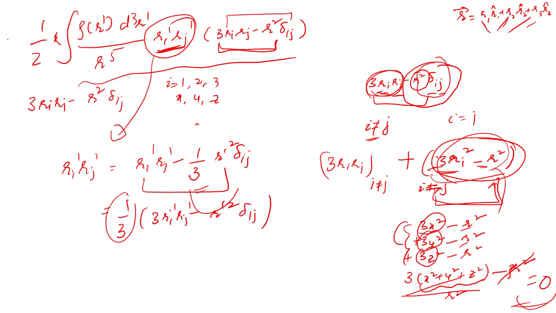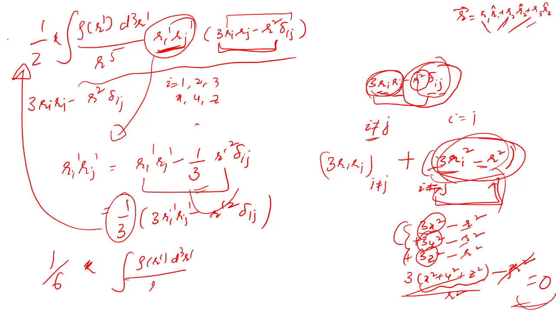And so this 1 over 3 can be carried up front, and we can rewrite the quadrupole term as 1 over 6 k times rho of r prime d cube r prime by r to the power 5, 3 ri rj minus r squared delta ij, 3 ri prime rj prime minus r prime squared delta ij.